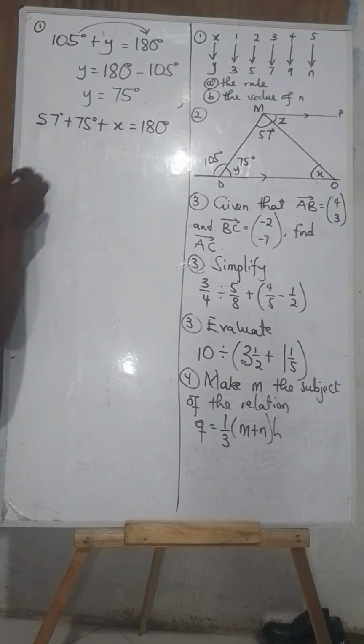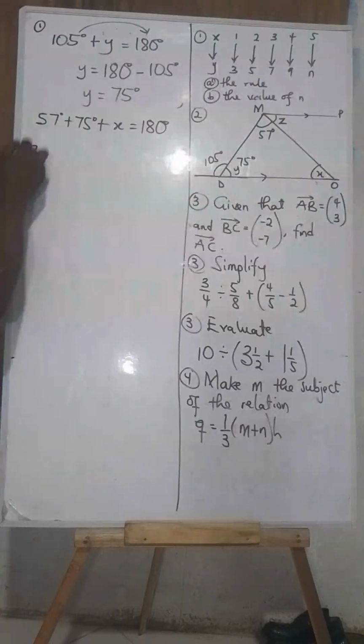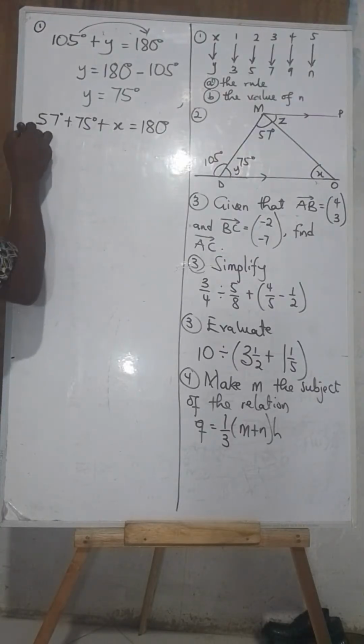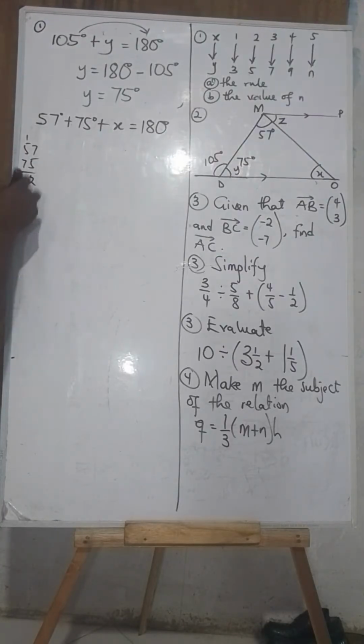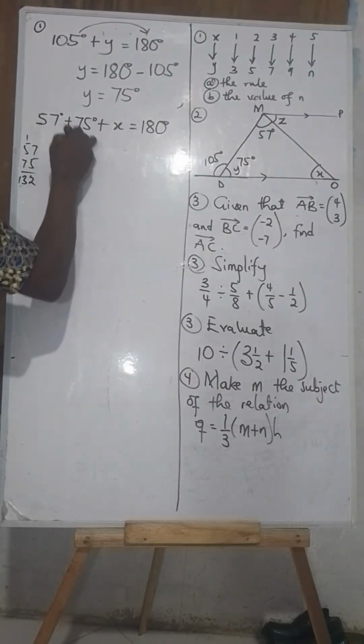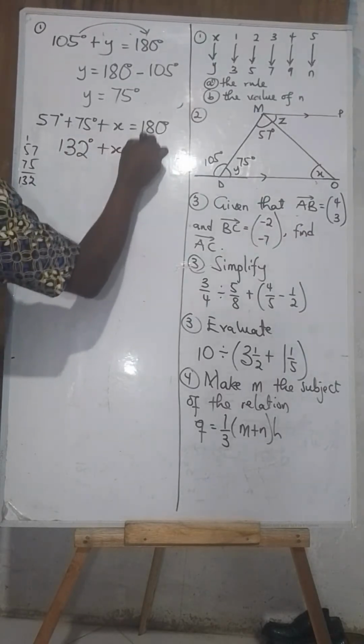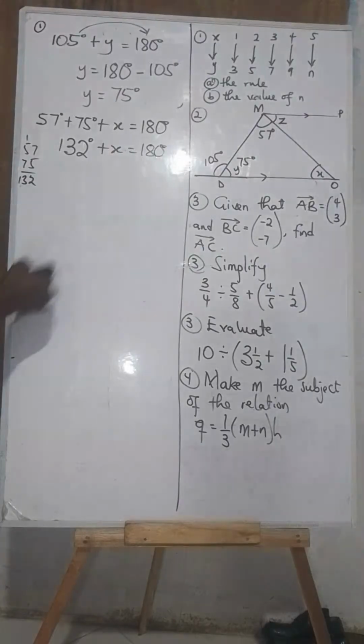So we want to add the 57 plus 75. 7 plus 5 is 12, so that will be 132. So you get 132 degrees plus x equal to 180 degrees.